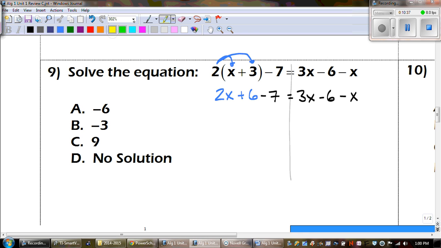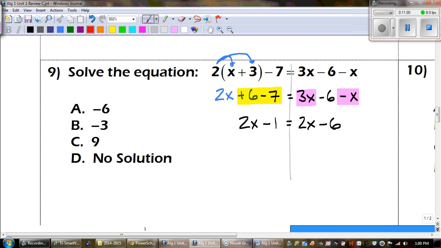So we want to look for like terms. On the left side, we have 6 minus 7, which gives us negative 1. And then on the right side, we have 3x minus x, which is 3 minus 1 is 2x. Okay? Let's get our variable to one side.